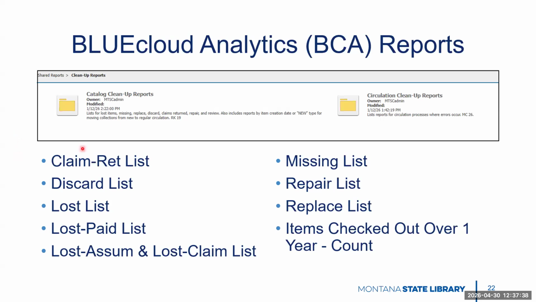Like the weeding report, we moved out the cleanup reports that were buried in another folder to that main top level. So as soon as you log into shared reports, you just click cleanup reports, and then the catalog cleanup reports is where you're going to find the claims return list, the discard, loss, loss paid, loss assumed, replace, missing. All of those exist inside the catalog cleanup reports.